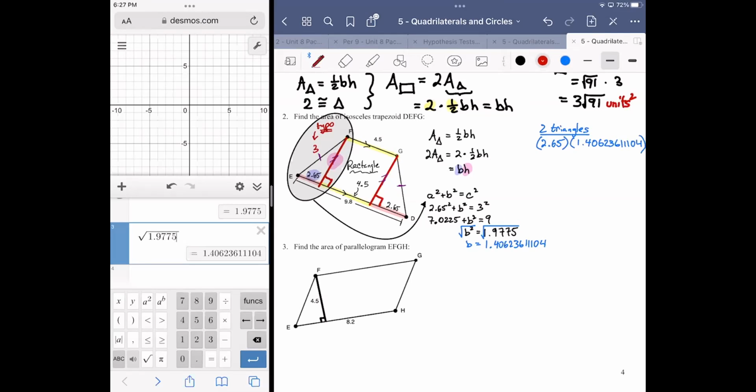Then I'm going to add to that the area of the inner rectangle, which has dimensions of 4.5 multiplied by that height. So essentially, I'm taking this and adding to it this. And that's going to give me my entire area.